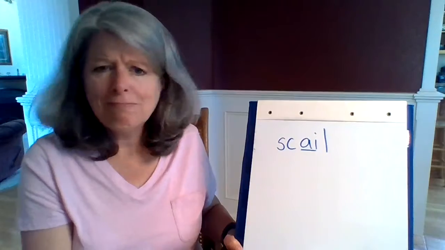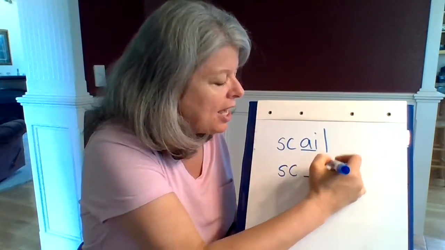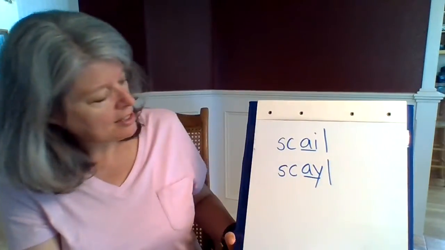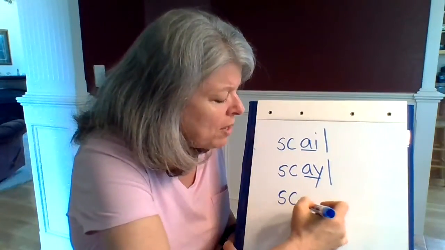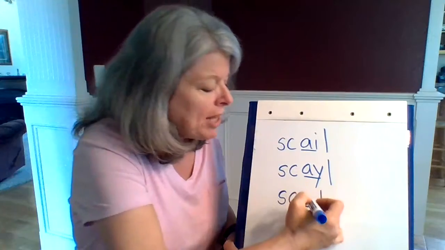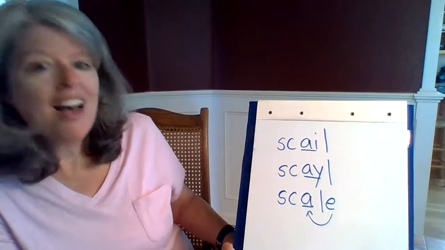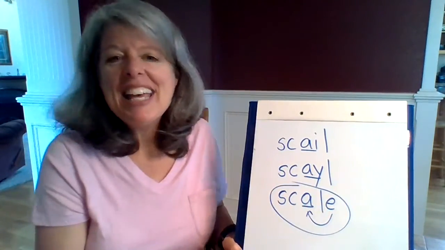That looks funny to me. I'm going to try another one. I'm going to try A-Y. Scale. Ah, that looks funny too. Did you try one that looks right to you? What did you try? A blank E, that's silent E, telling the A to say its name. That looks right. That's the correct one.